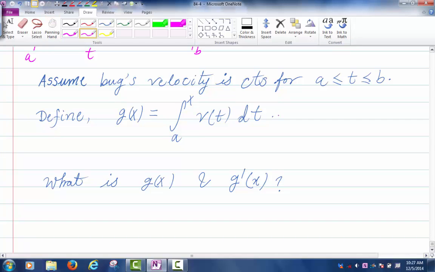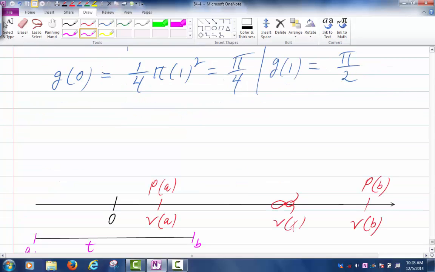So this is g of x. Let me say this here. At time a, let's say p of a is the position, right? At time x, let's say p of x, that's the position, right? So what's the net displacement? The net displacement is here to here, right?